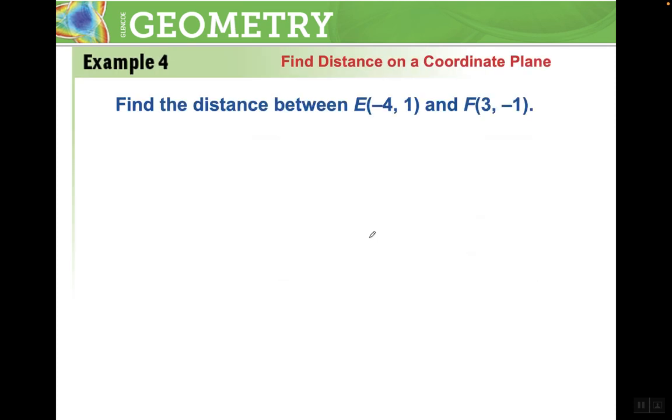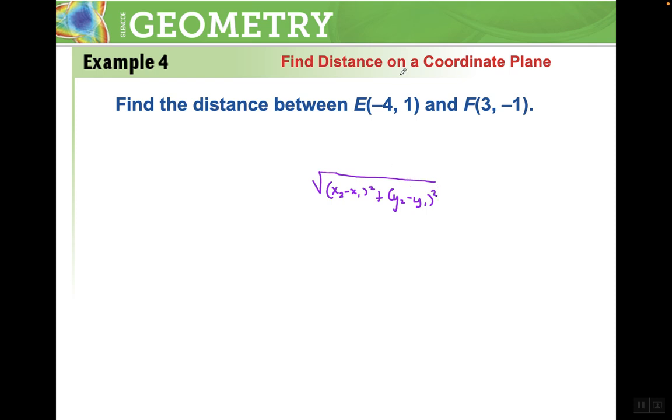So it says find the distance between point E and point F. So we're going to use that distance formula, and I will write it out for you right now. So you have the difference between your x's, and it doesn't matter if you do x2 or x1 first. Squaring it, add it to the difference of your y's squared, and then you're going to take the square root of the whole thing.